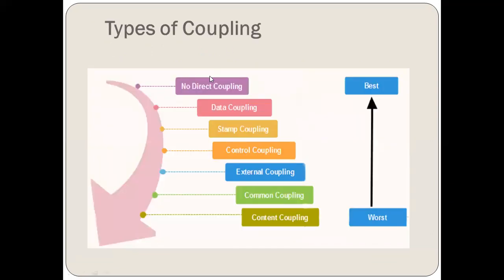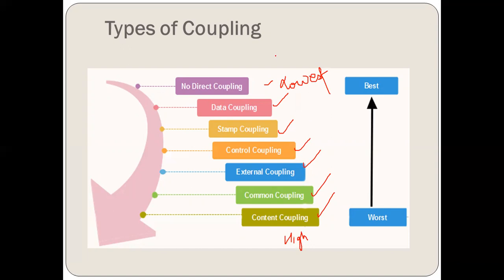There are certain types of coupling we can see: no direct coupling, data coupling, stamp coupling, control coupling, external coupling, common coupling, and content coupling. In this, no direct coupling is the lowest degree of coupling, while content coupling is the highest degree of coupling.